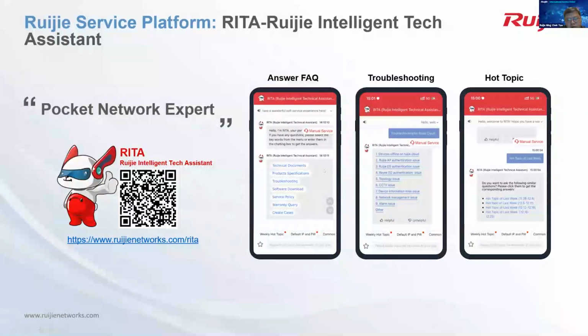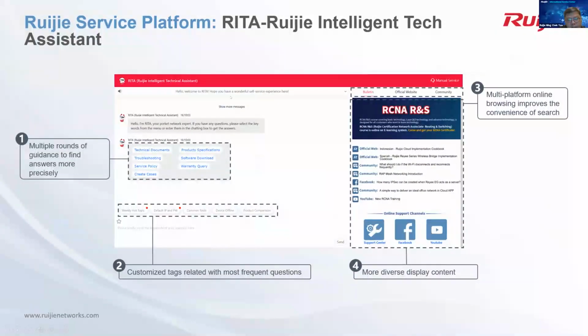Okay. So inside this Rita, we can have many guidance. Okay, if you type some message here, it will show you all the relevant or recommended detail that you want to search.